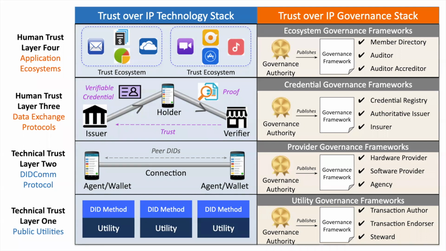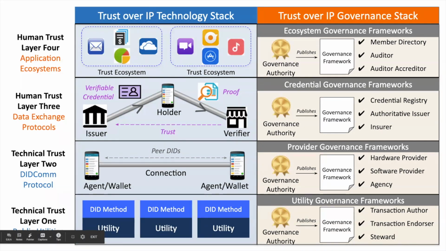But for every one of the examples we've talked about here, from something fairly narrow like one set of COVID-19 credentials to something that broad, we are seeing dozens of examples of ecosystems that are saying, okay, now that I see this stack, I want to set up a coordinated set of credentials, and support multiple credential governance frameworks, whatever provider governance frameworks meet the needs of that ecosystem, and the utility governance frameworks.